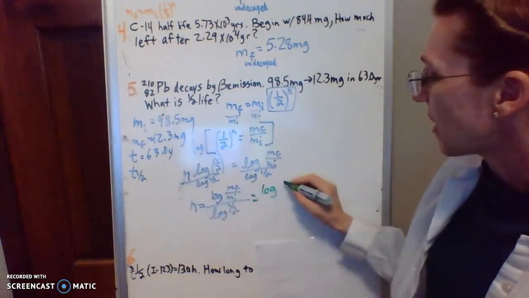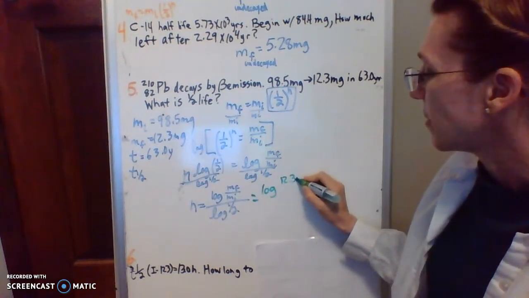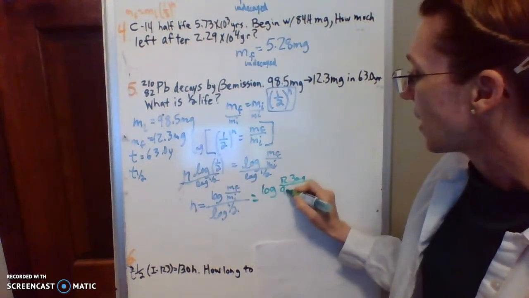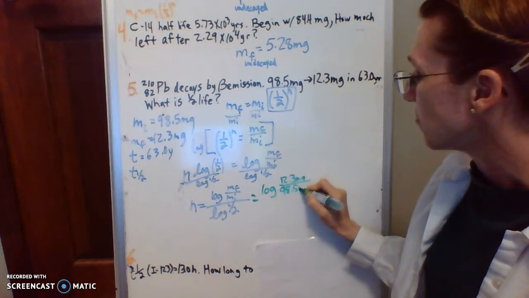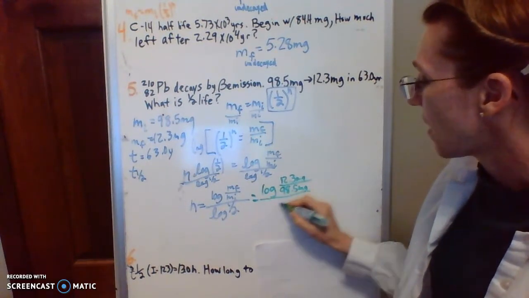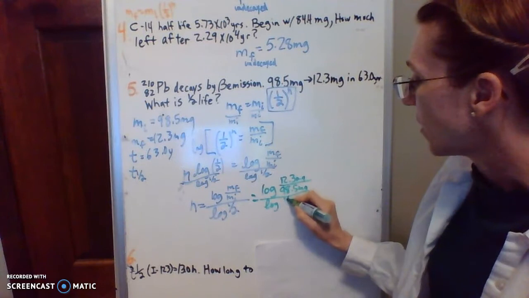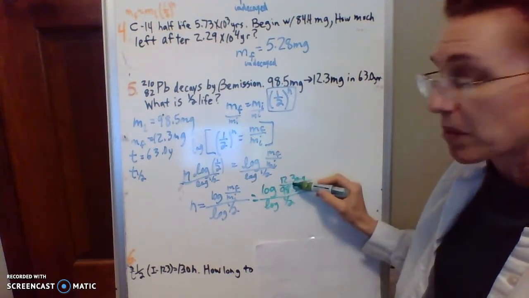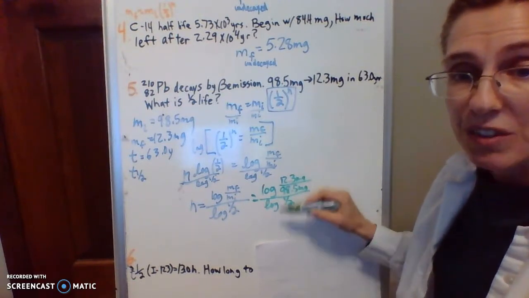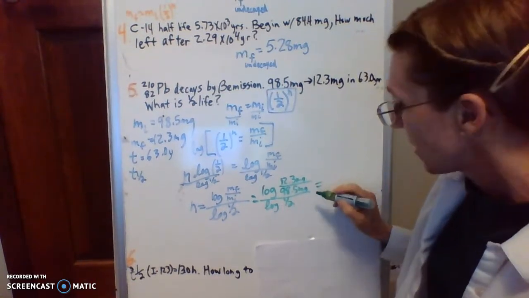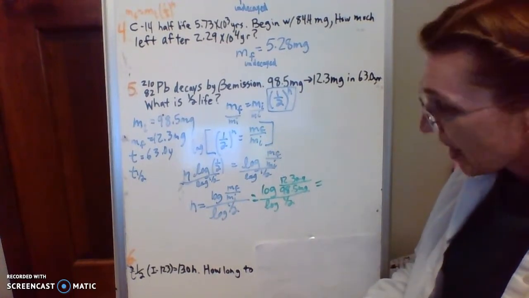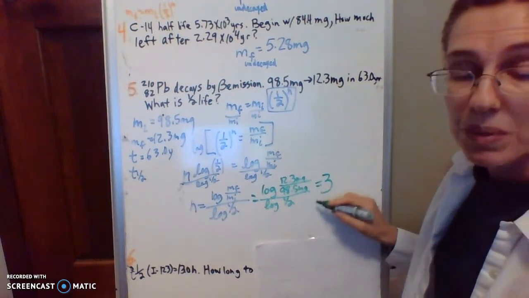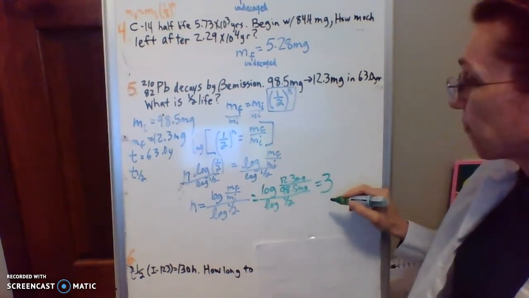MF is our 12.3 milligrams. Our m initial is our 98.5 milligrams. And we're going to divide by the log of 1/2. Keep in mind, this top number is going to be negative, the bottom number is going to be negative, so they cancel out. So we end up with the number of half-lives being 3. Okay, make sure you can plug that into your calculator and you get 3.